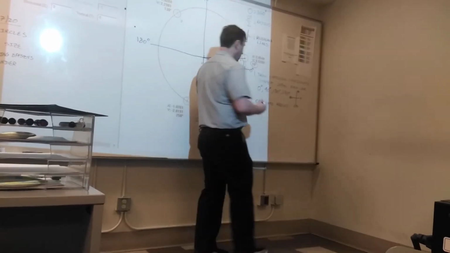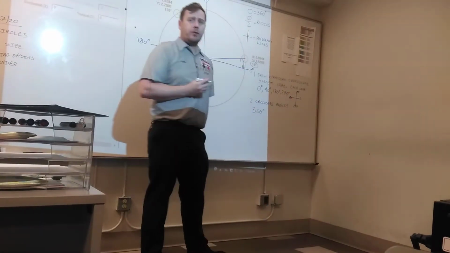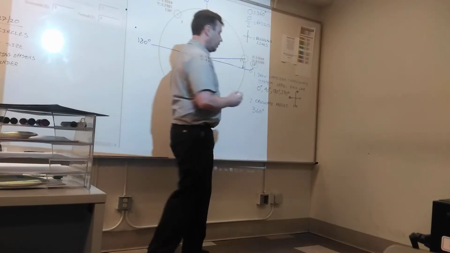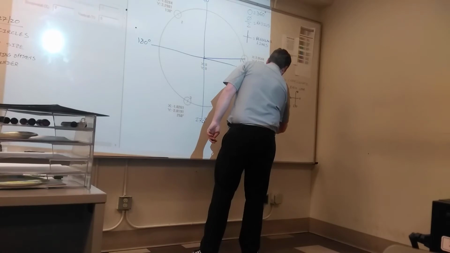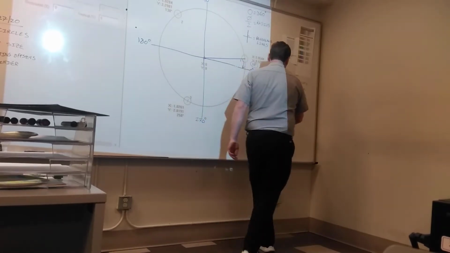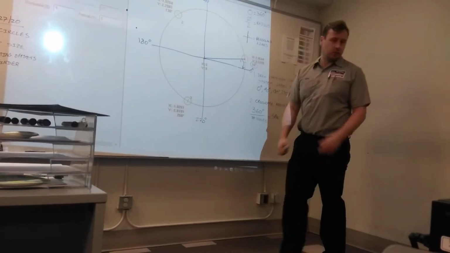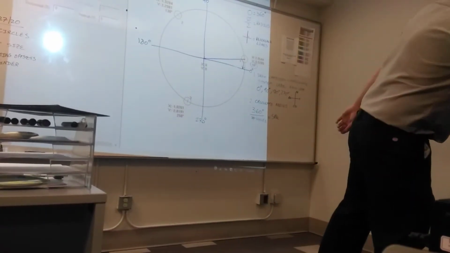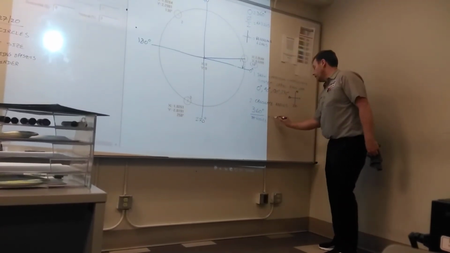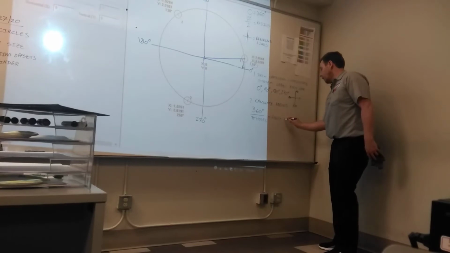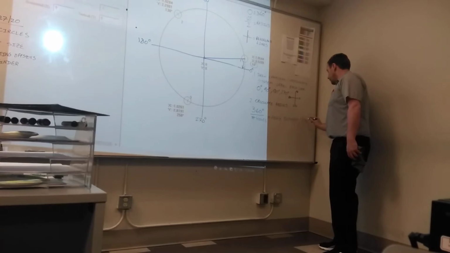When you add all 3 holes together, it's going to equal 360. So you're going to do 360 divided by the number of holes. That is going to give you the angle between the holes.